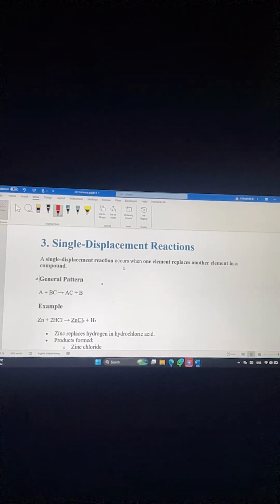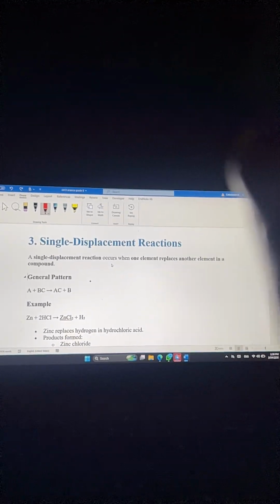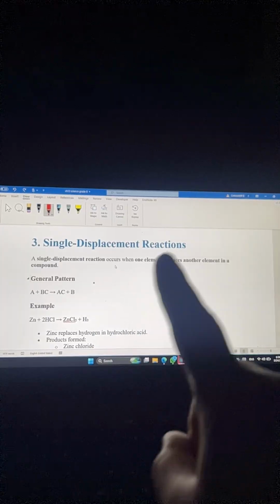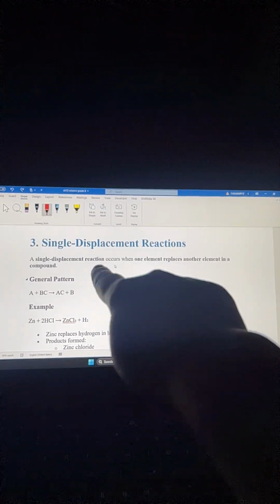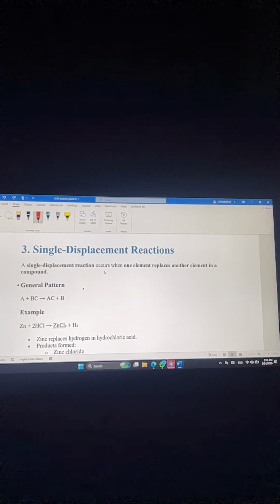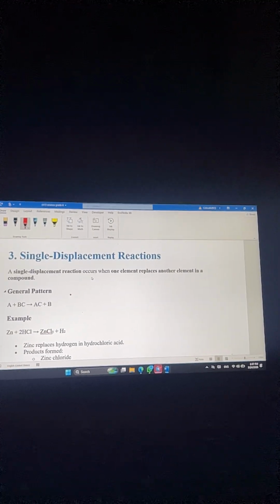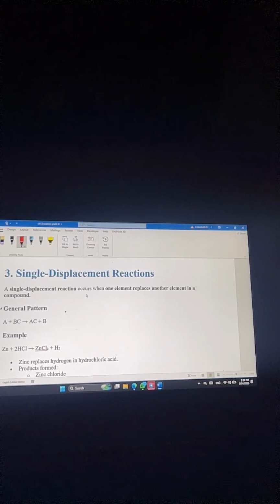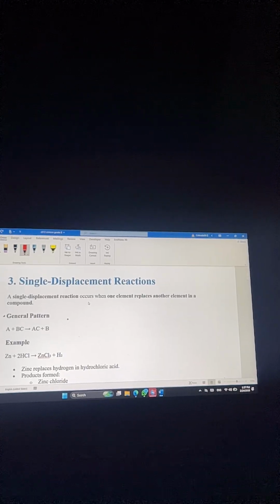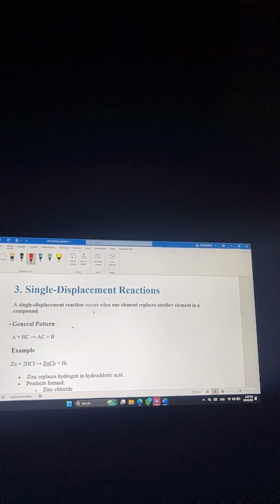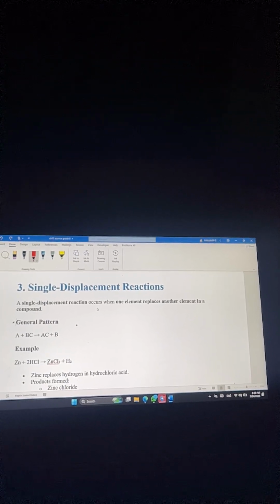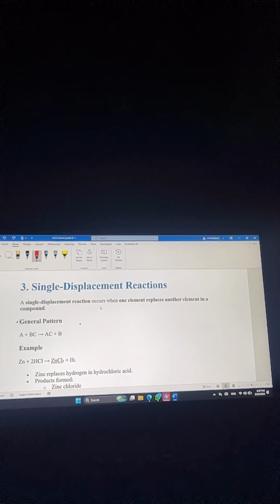So the third one is about single displacement reaction, or sometimes we can say replacement reaction. This subject you will have in grade 10, in grade 11, and also in grade 12. So it's important, okay?